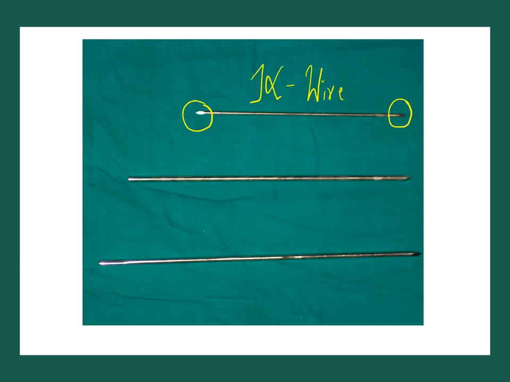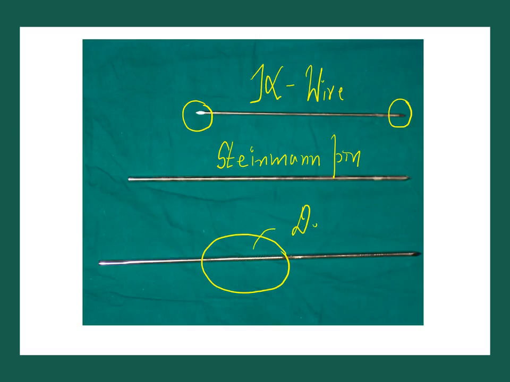Then we have a Steinmann pin. A Steinmann pin is used for skeletal traction. And then if the bone is osteoporotic or you have to put skeletal traction in a weaker area, then you have a threaded pin in the center called the Denham's pin.